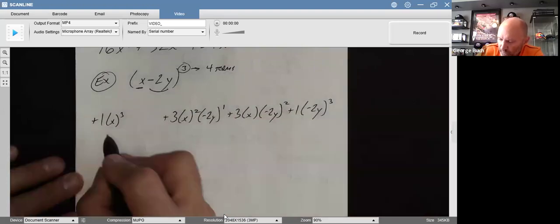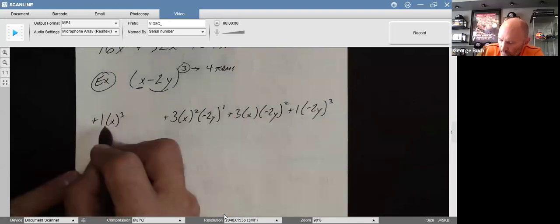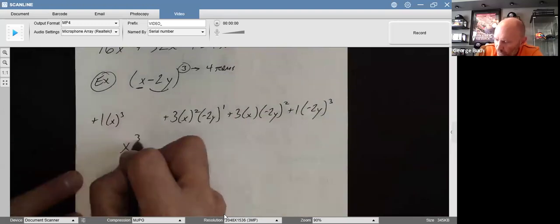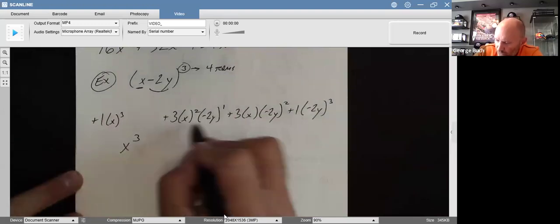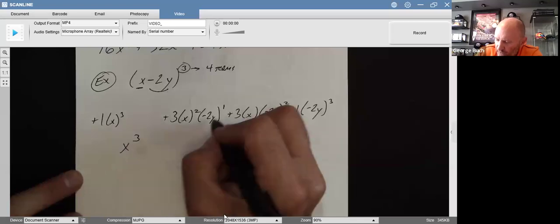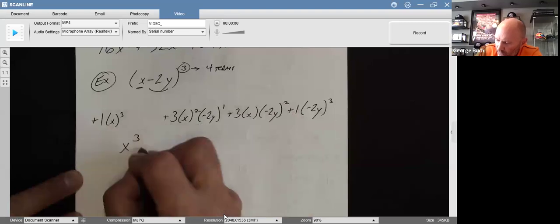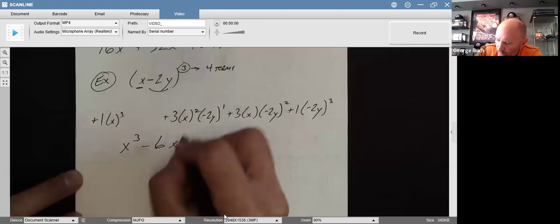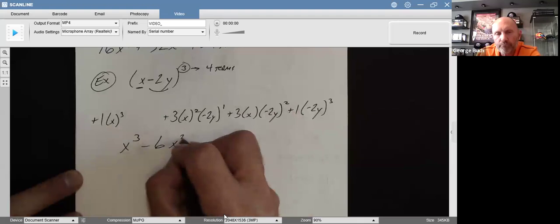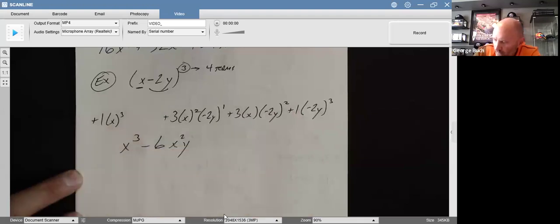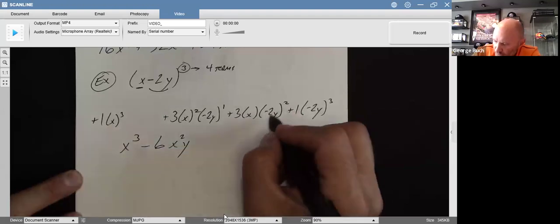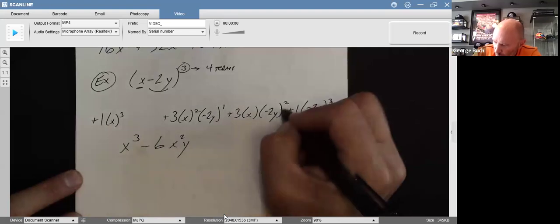So from this first term, I just get x to the 3rd. On this one, it's minus 2y to the 1st power, so this negative stays. So 3 times negative 2 is minus 6, and then x squared and y. And then this one, negative 2 squared is positive 4.